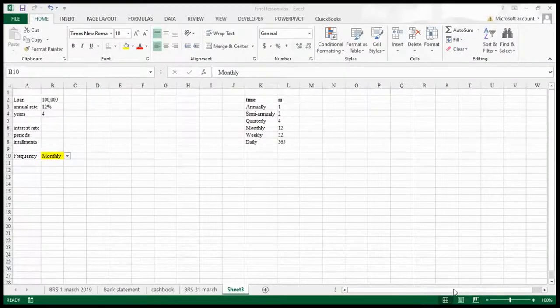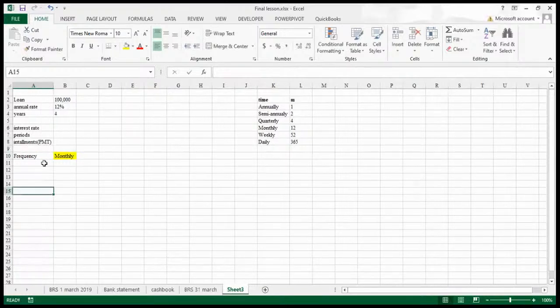So having done that, this is going to be our next step. I would like us to highlight. So in the installment part, put it in brackets, periodic amounts.